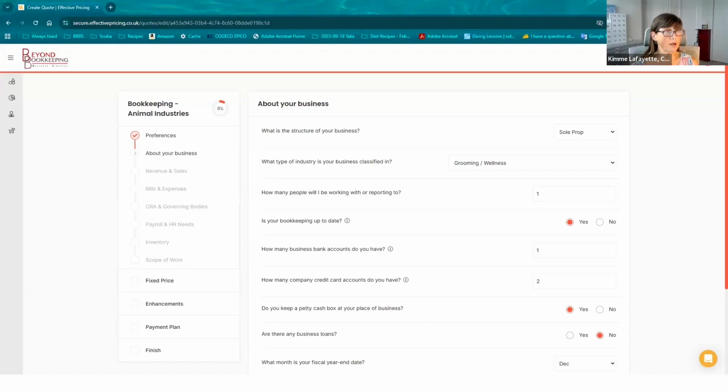So go through this at first and pick everything that you want that's on your wish list, because we can always go back and change it later if it turns out that the price is higher than you're budgeting. But for the start, let's just pretend that we're going to do everything that you want us to do so we can take the bookkeeping completely off your hands for you.